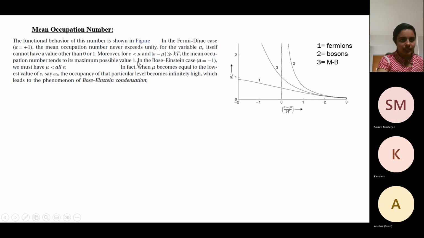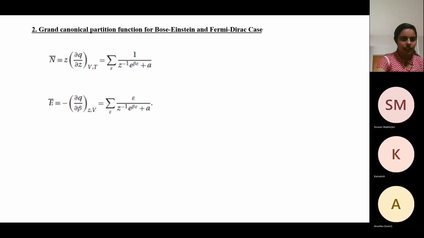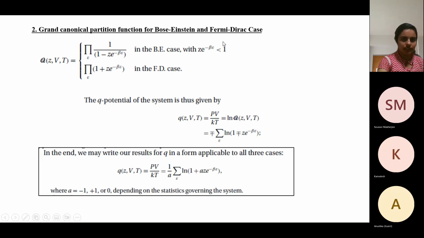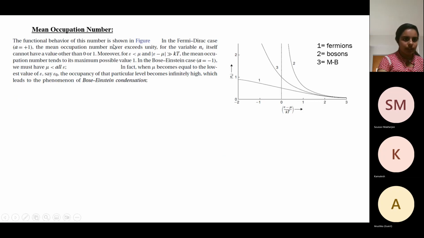And now what happens if you consider the Bose-Einstein case? In the Bose-Einstein case, for all values of epsilon, your mu should be less than epsilon. So this condition comes from this relation that we had got, right? If you write it as e to the power minus beta epsilon into e to the power minus mu by kT less than 1, that in a way tells you that your mu should always be less than all values of epsilon.